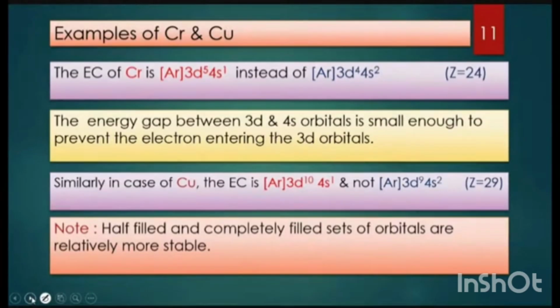Similarly, in case of copper, when one electron is shifted from 4s orbital to the 3d orbital, we obtain a completely filled 3d orbital, which leads to more stability. So in either case, the shifting of electron from 4s orbital to 3d orbital is done in order to obtain stability. In any element, if it has half filled and completely filled sets of orbitals, it is relatively more stable.